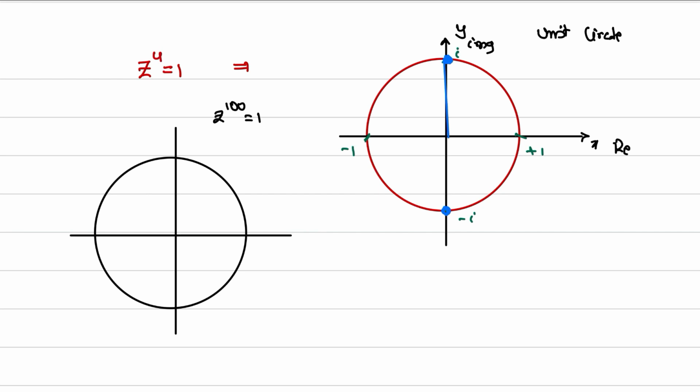Then the 100 roots will be like this. It's not to scale. I am just putting it for your understanding. The dots may not be 100 also, just as an example. Now, these are the regular roots. In red color, these are the primitive roots.